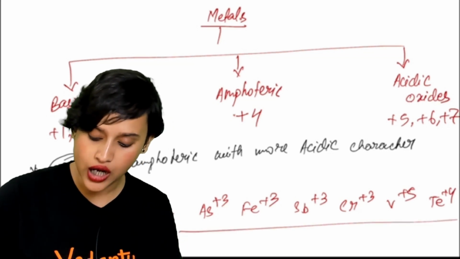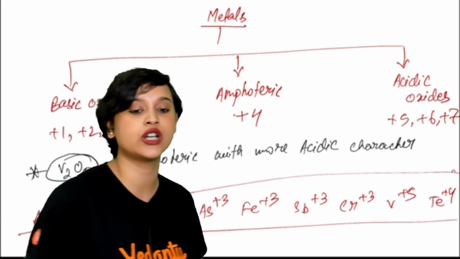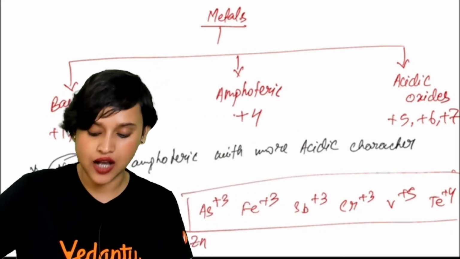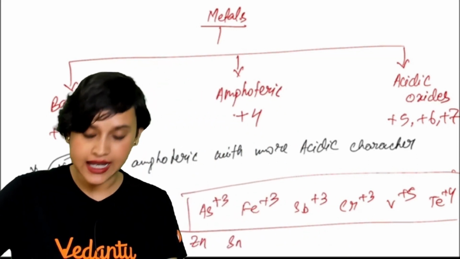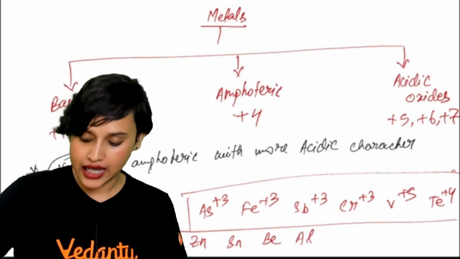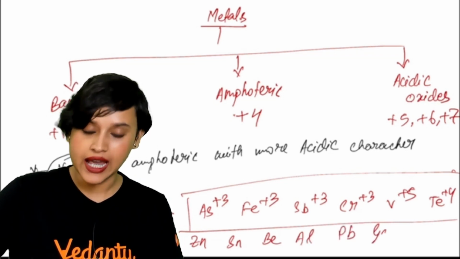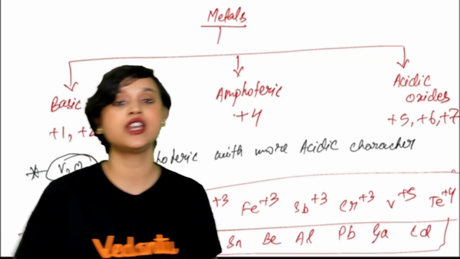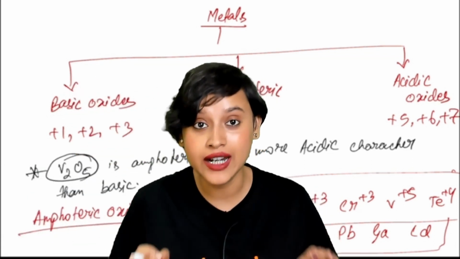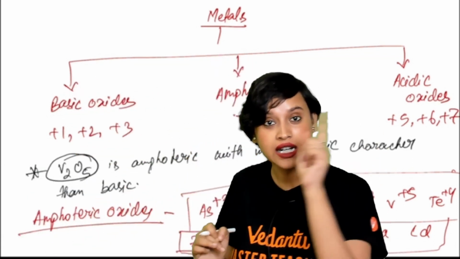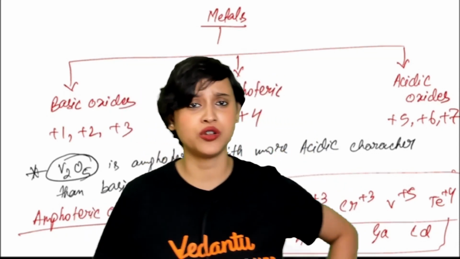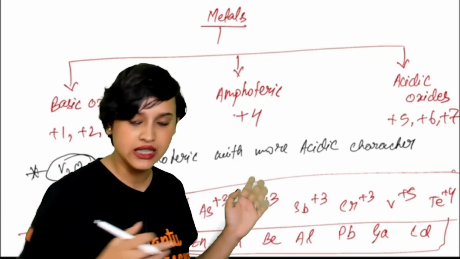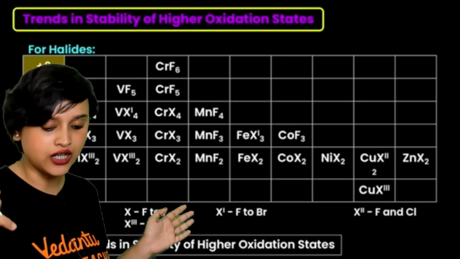All of them are amphoteric oxides. Apart from that, what else? Write it down. Zinc, obviously, Sn, Be, Al, Pb, gallium and cadmium also form amphoteric oxides. Make a note of it, it is very important. Later on when we solve questions, you are again going to ask me, ma'am, which ones are amphoteric oxides? So make a note of it, everybody. These are the ones that will form amphoteric oxides.